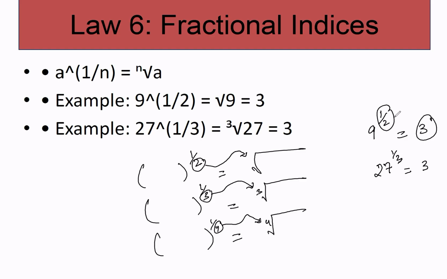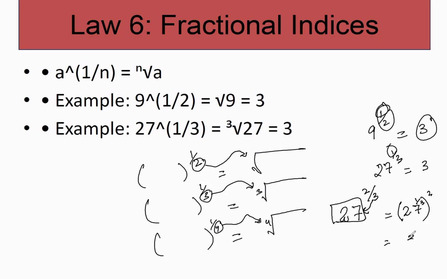Now sometimes you have a top number and a denominator number in fractional indices. Like if I give you 27 power 2 over 3. Basically, 27 has the power 1 over 3, meaning cube root, and outside the bracket 2 is written. Whatever the bottom number is, you take that root of this number.